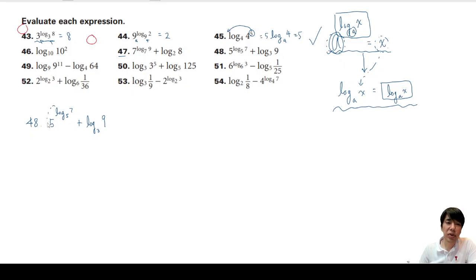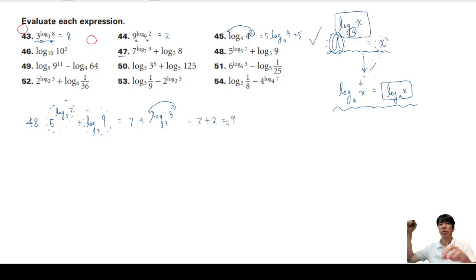So this part comes down to 7, and this part is log base 3 of 3 squared. So this can be sent in front of this log. So that's 7 plus 2 log base 3 of 3, but log base 3 of 3 is just 1. So 7 plus 2 is 9. Okay, easy peasy.